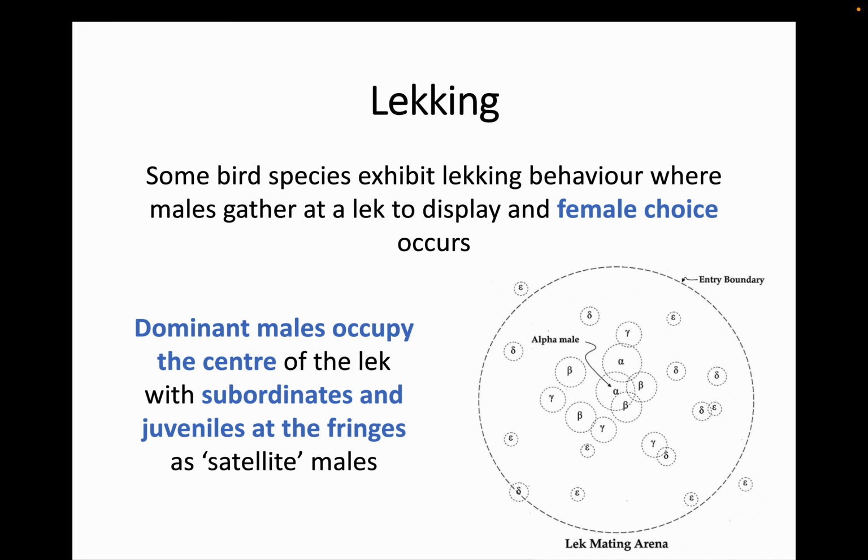You've got the lower ranking juvenile subordinates around the side. And as you move into the middle, you move up and up through the dominance hierarchy that's taking place. But again, this is where usually some form of mating call or singing takes place, and females will be around the outside having a look, and female choice will take place.